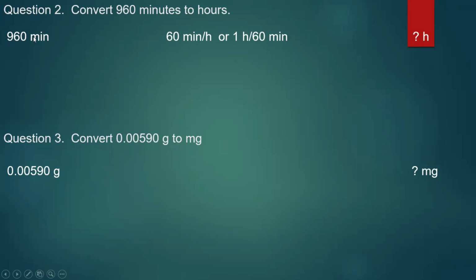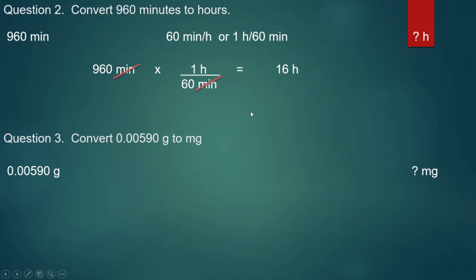But we have minutes here, so we need to put something with minutes on the bottom. And this one has minutes on the bottom. So we're going to multiply this by 1 hour over 60 minutes. And then we need to cross out the minutes, and our answer is in hours. So we can multiply 960 times 1 and divide that by 60, and we get 16 hours.